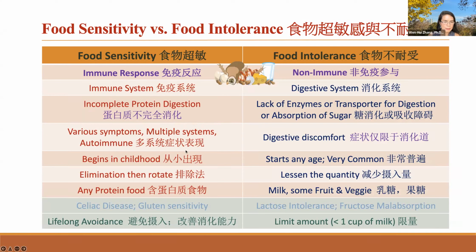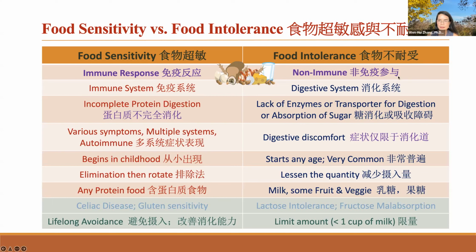And the symptoms can be multiple, various symptoms like gluten sensitivity, not just in the digestive tract, it can also affect the neurological system. And it begins in childhood, and by elimination and rotation, the symptoms can be improved.